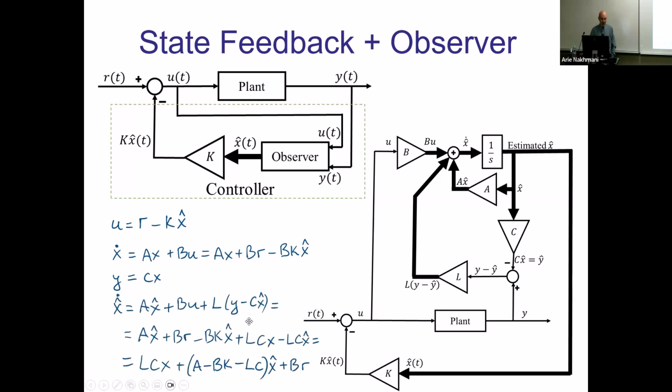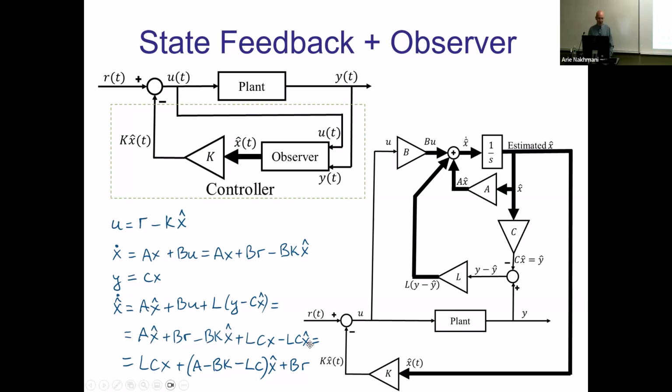And this is what I can write about x hat dot here, because I'm just taking Bu plus L times y minus y hat plus A x hat. This is what the x hat dot is. I'm writing that explicitly. Now I can open parentheses and replace y with Cx. I will have Ax and so on.